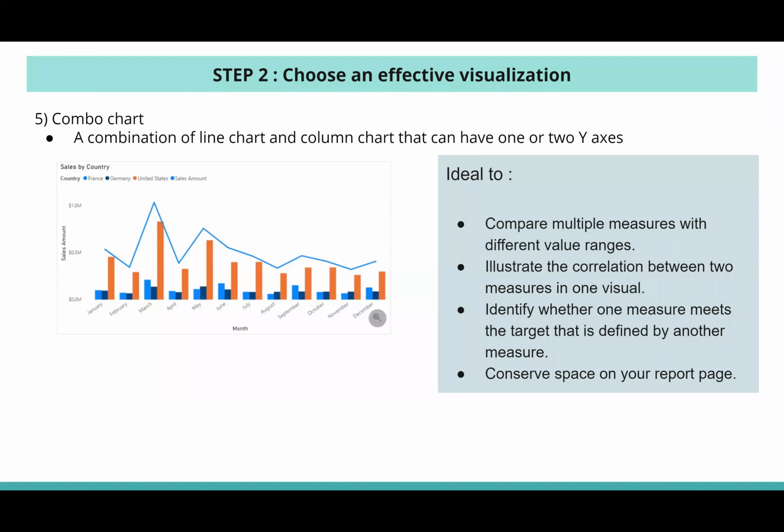So they could compare if they have achieved the target value for the month or for the year, and then add another bar chart to show the progress of that particular month.